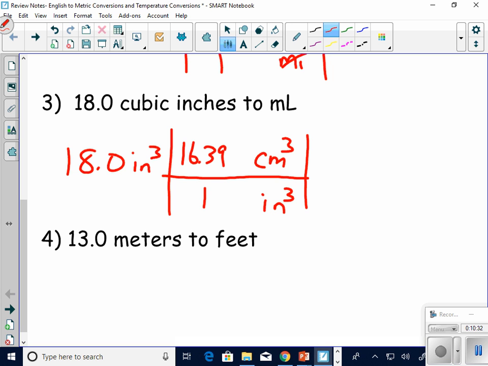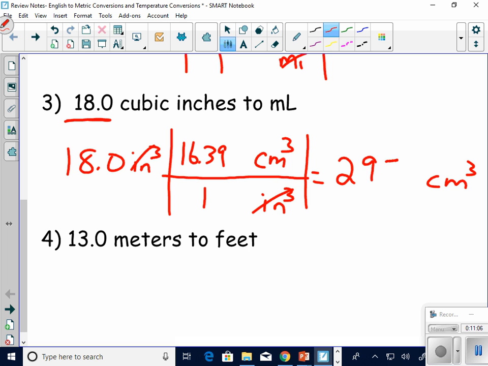Now, how many sig figs did my problem give me? How many sig figs are right there in 18? 3. 18.0 is 3, right? So when I do my math, I make sure that my inches cancel. 18.0 times 16.39 gives me 295.02.